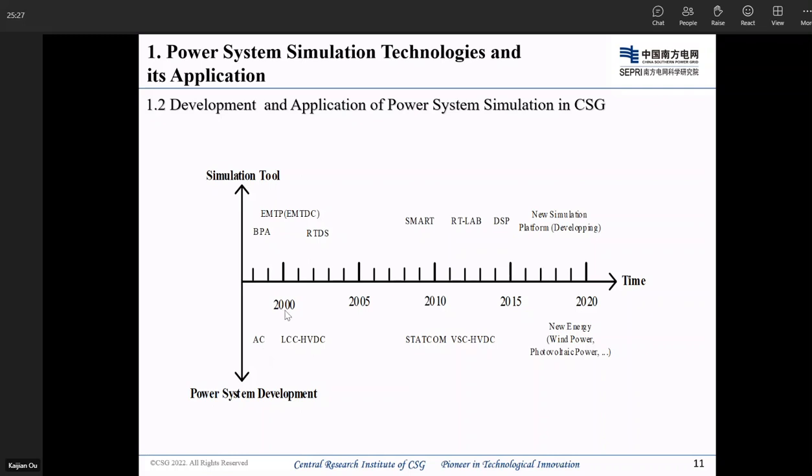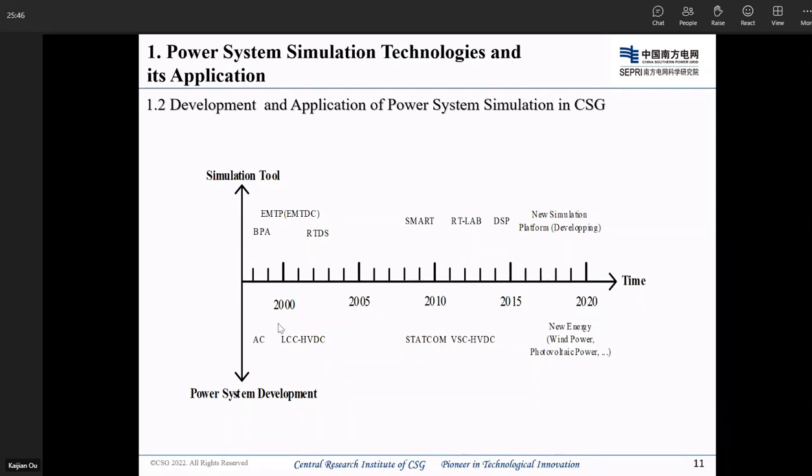You can see that before 2000, CSG was a normal AC system with no HVDC, so we only used PPA, and the TS simulation tool was okay.